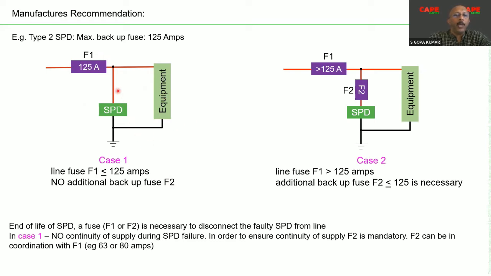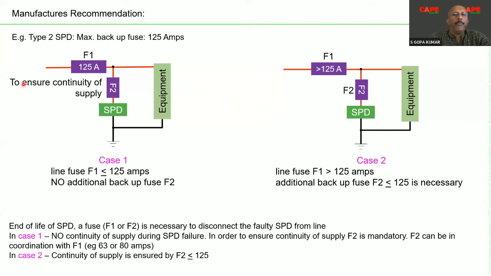Now, in case one, no continuity of supply. If you want to have continuity of supply, you have to use the second connection diagram with F2. The ratio of F1 to F2 is 1.6 to 1.